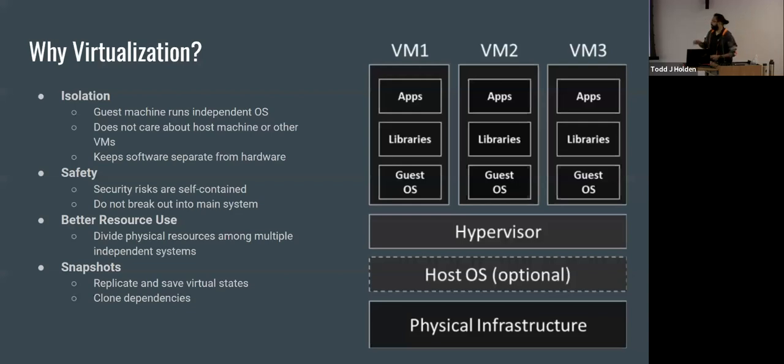The general structure is that you have the individual VMs with their own apps, libraries, and the OS that runs on that guest machine. Below that sits the hypervisor, and your host can have an operating system or not. That is optional.